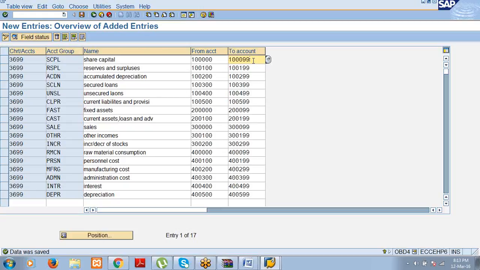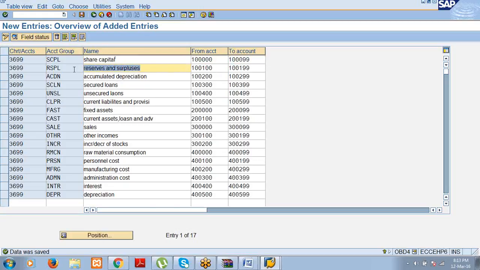So by the middle of June, for example, 100 accounts we have created. Still, there is a need to create some more GL accounts under the share capital account group, but there is no number range. In that case, what to do? Without a number range, without a number, you cannot create a GL account. So in order to take care of this type of problem, what we do in real time is, for share capital, we have given 1 lakh to 1 lakh 99, right?